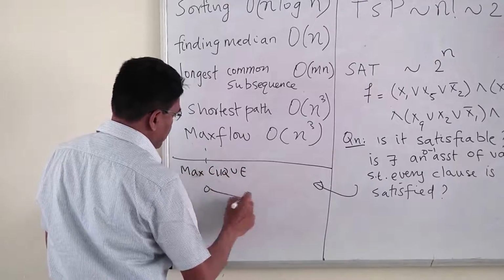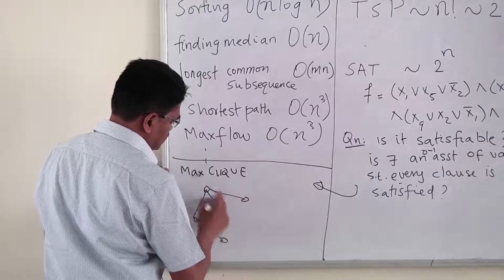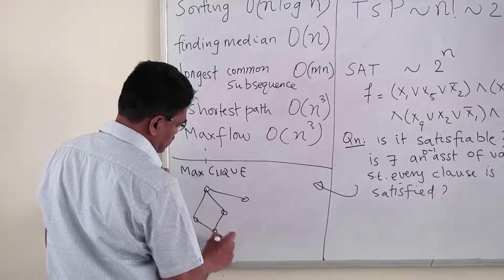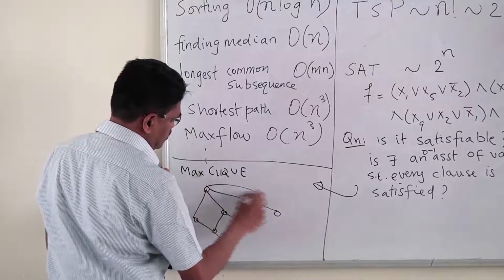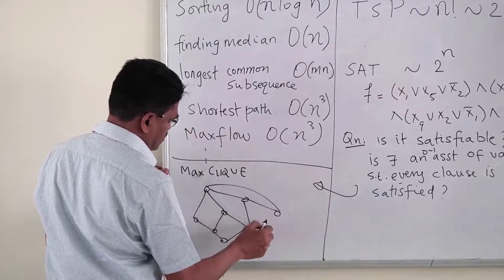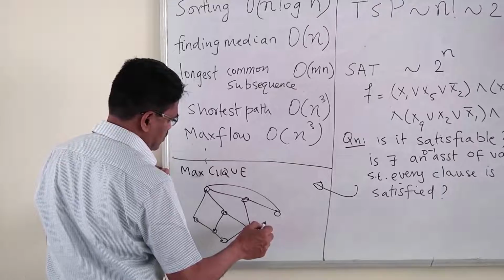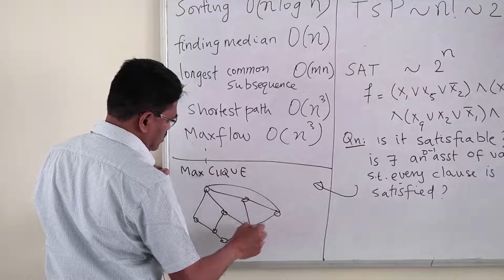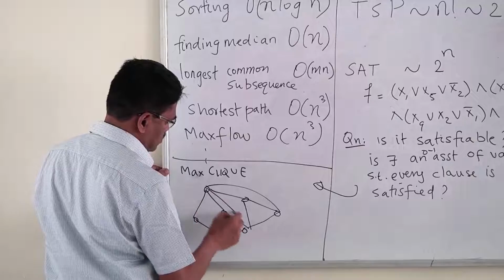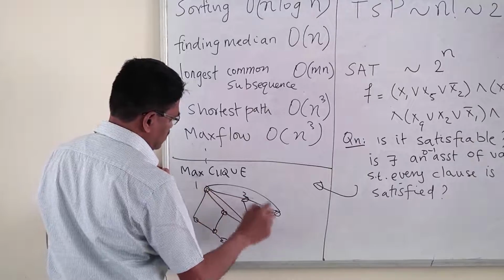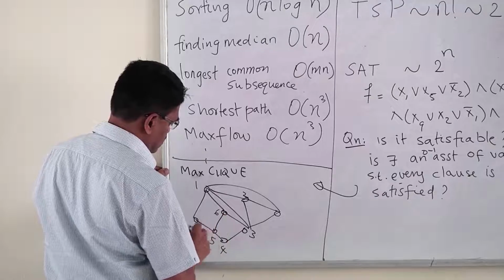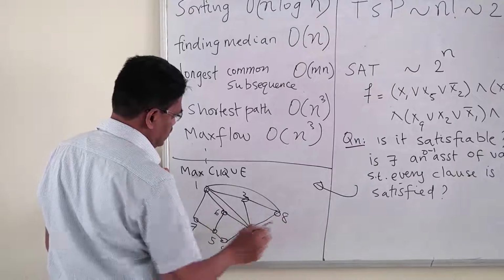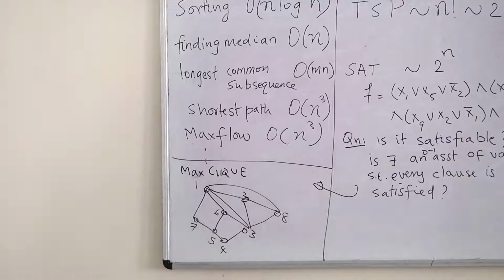So I have a graph like this. It's an 8 vertex graph, this example.